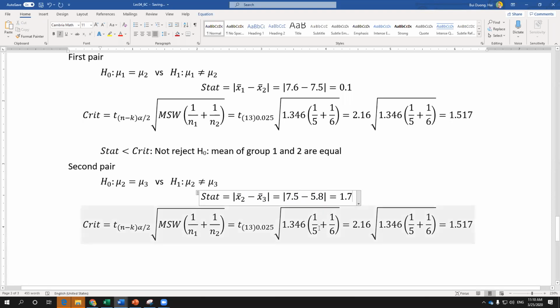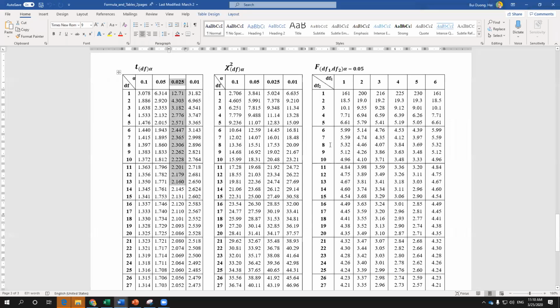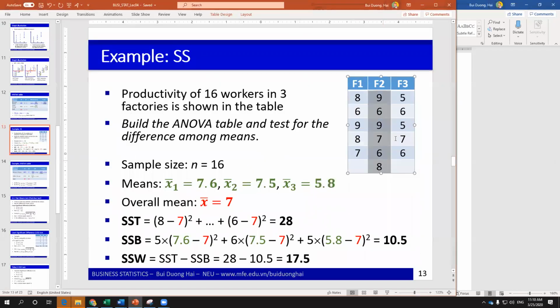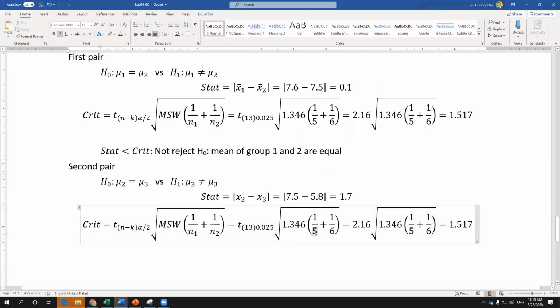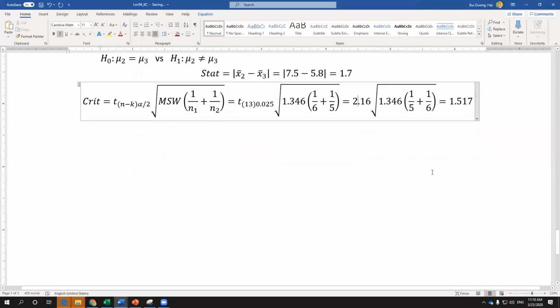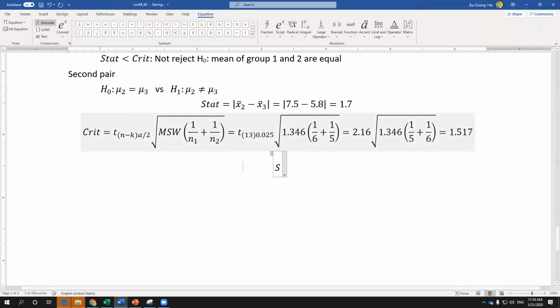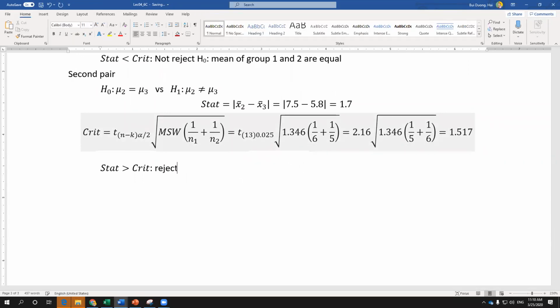Here similar, but now the second, 6 and 5 not different, 6 and 5 the same. But now you see statistic greater than critical. Reject H0. Therefore, the means of group 2 and 3 are unequal.